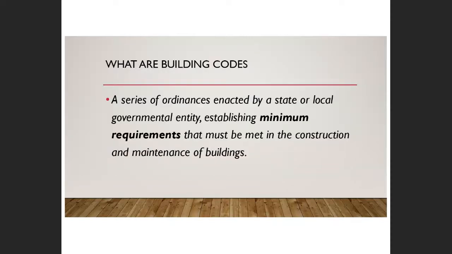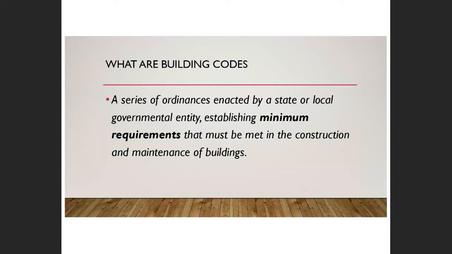So what is a building code? A building code is a series of ordinances or laws enacted by a state or local government entity that establish minimum requirements that must be met in the construction and maintenance of buildings, right? A building code is the minimum that you must do.